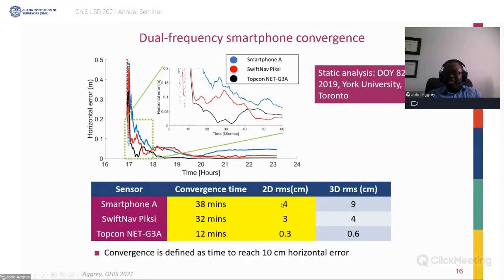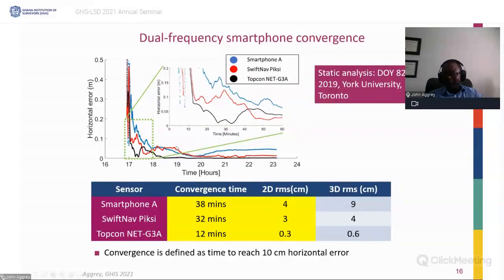The reason why this is impressive is that the Topcon, again, is a geodetic grade receiver. If the Topcon is taking 12 minutes to get to the decimeter level, and it is taking about 38 minutes for the smartphone to get to the same level, that's just a difference of about 20 to 25 minutes or so. That's really impressive because you are comparing a $15,000 geodetic grade receiver to a $5 chip in a smartphone.